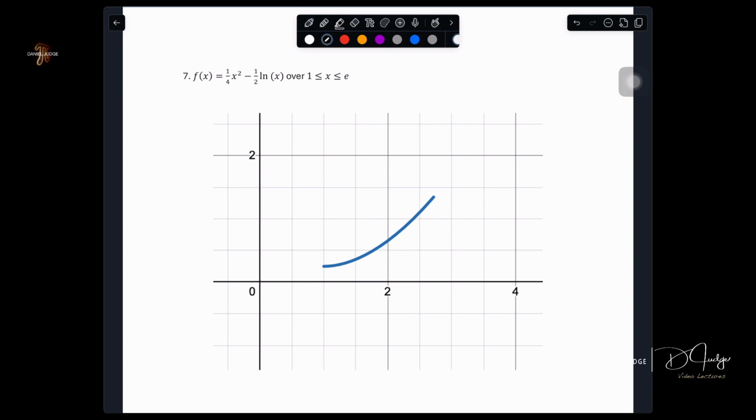Okay, number 7. We're going to rotate this curve about the x-axis here from 1 to e.